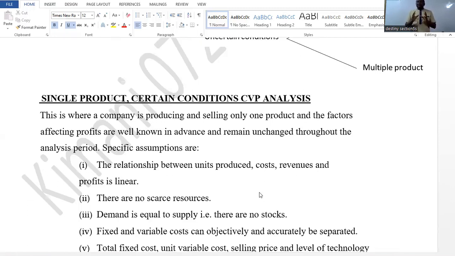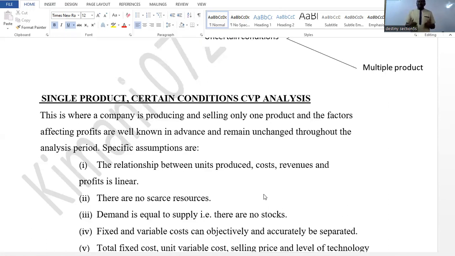That means everything we desire is available. We do not have any constraints. The other one is that demand is equal to supply. What we have supplied is what the customers will demand. So we do not have cases of stocks. Stocks arise when you produce more than what the customers want.